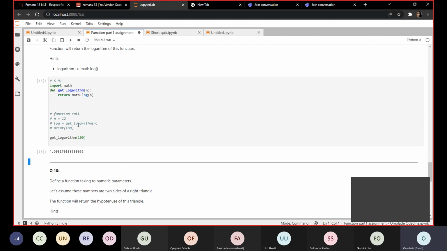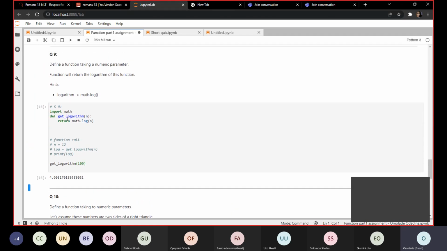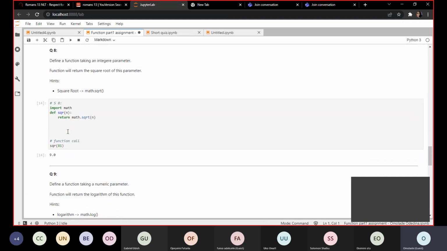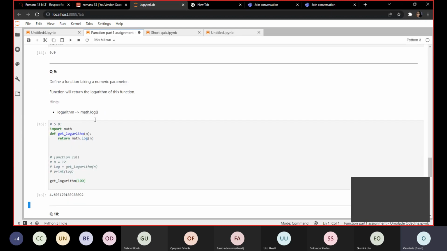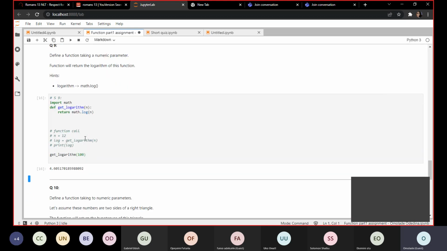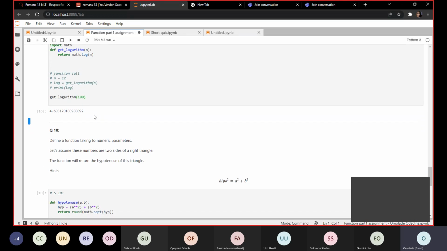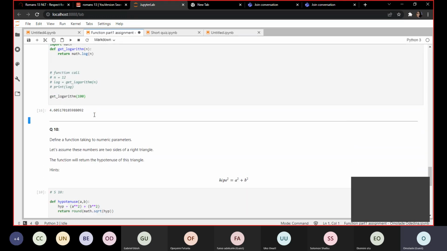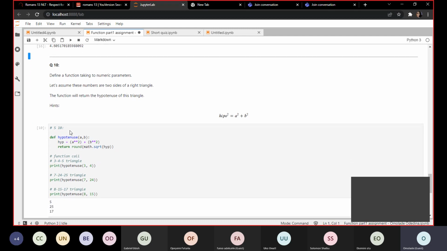Okay, I need to know what base this log is in. Basically it's similar to this square root. This math.log is similar. Like you did math.sqrt, you also do math.log and you get your logarithm. So that's question 9.